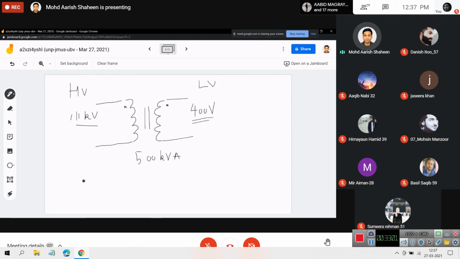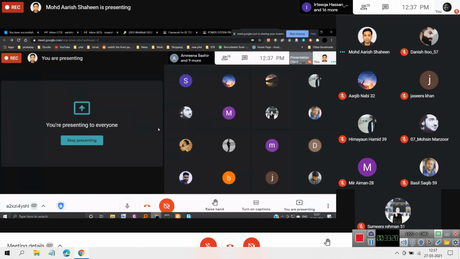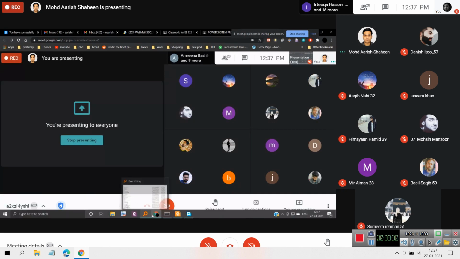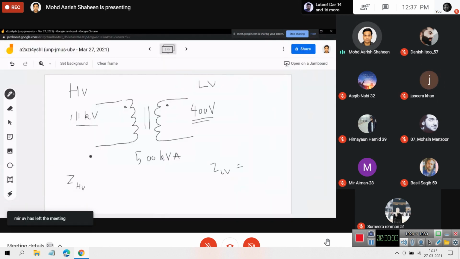Can someone tell me what the impedance base is equal to on the HV side? Come on, quickly. What is the formula for impedance base, given voltage base and power base, apparent power base?